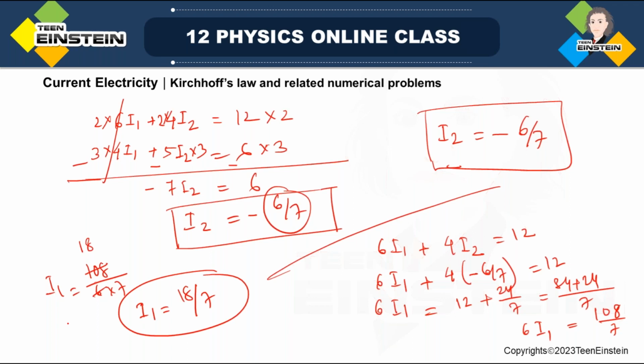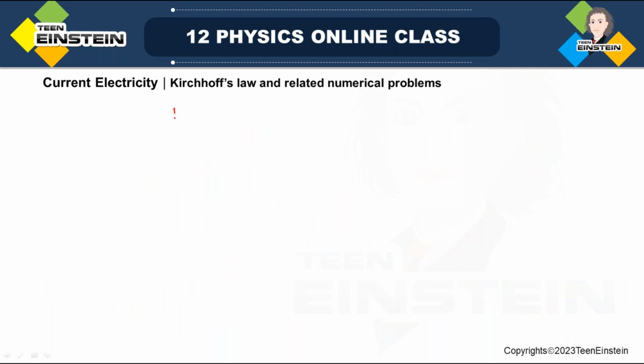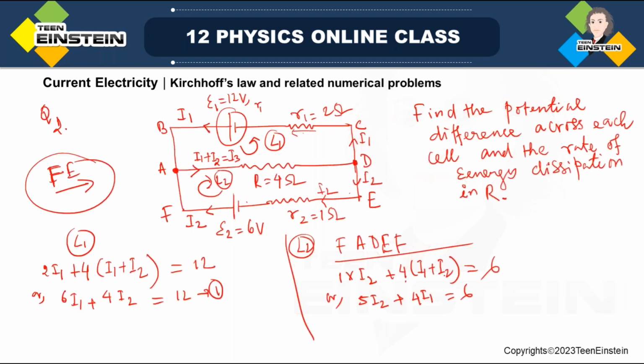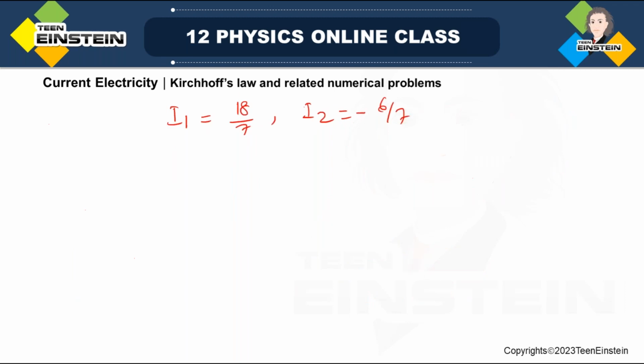So we have solved for the currents. Okay, so I'll just write now: I1 is 18 by 7 and I2 is minus 6 by 7. So these are the two things we have found out. Now we have to find out the voltage across each.